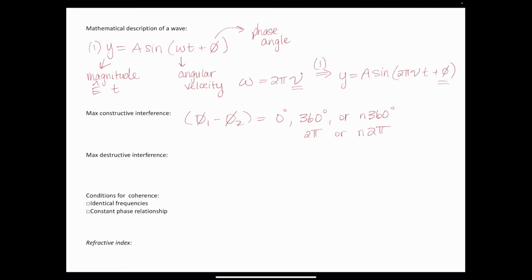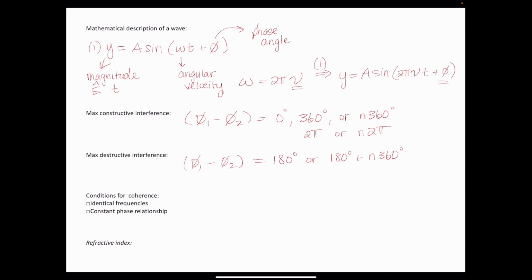Now for maximum destructive interference, the phase difference between those two waves has to be instead equal to 180 degrees plus some integer multiple of 360.